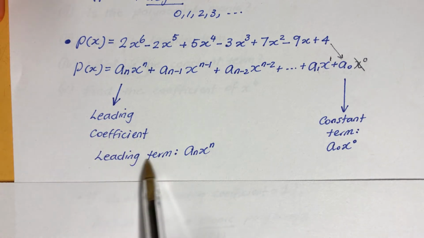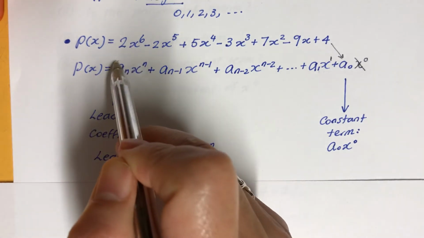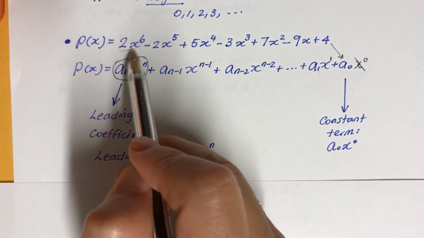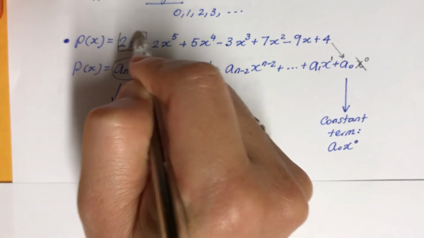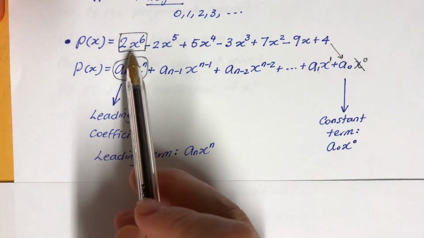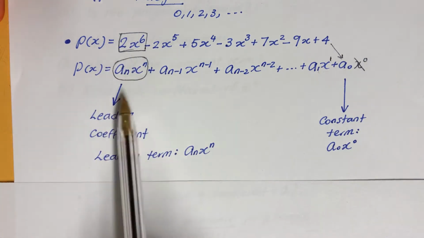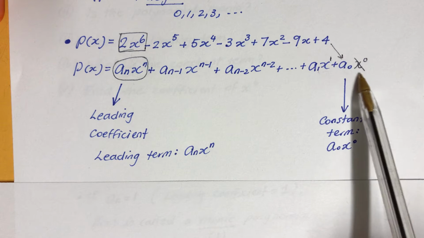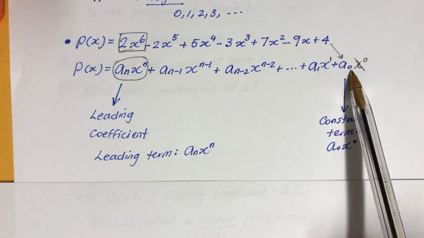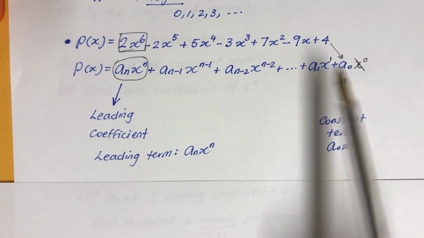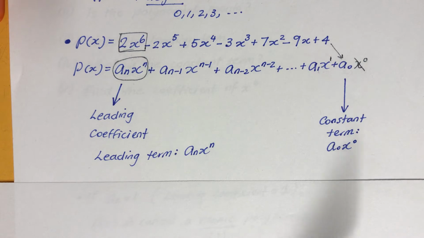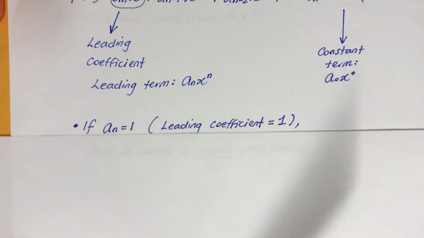Okay, and the leading term is the whole thing. Okay, that's our leading term. So for example here, our leading term is 2x to the power of 6. And the constant term here is 4. The constant term is the a to 0 term. Okay, and of course the highest power is what we call the degree, n degrees.